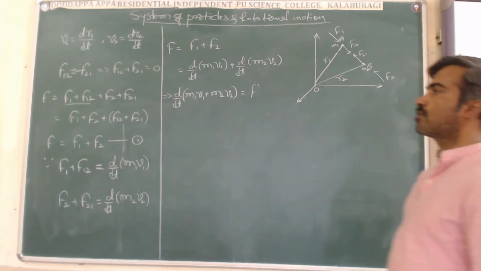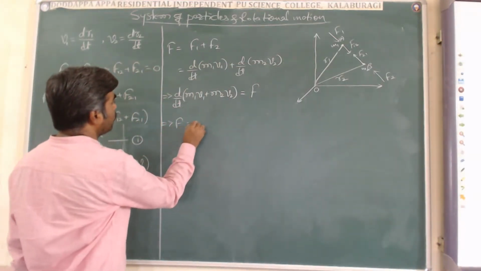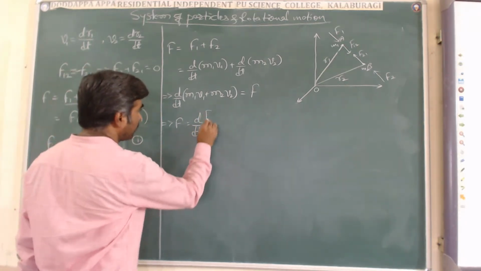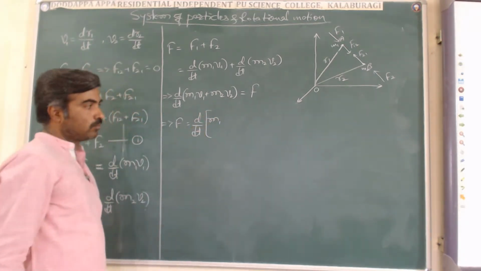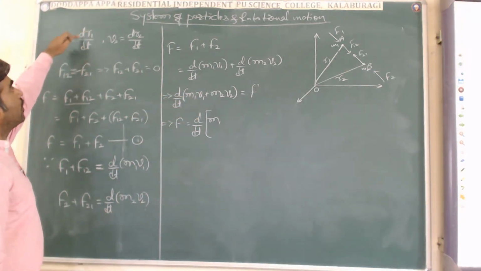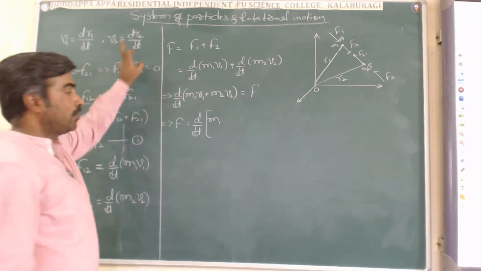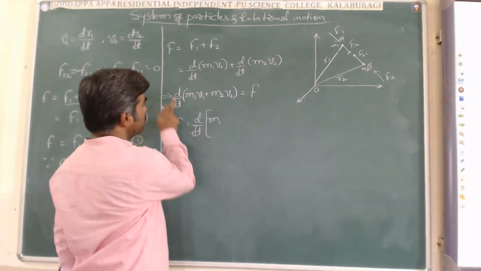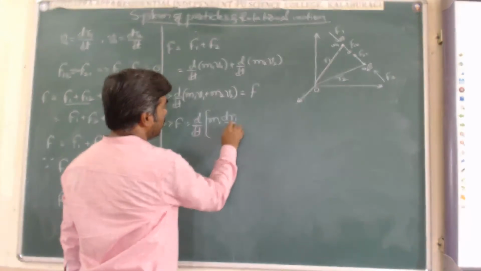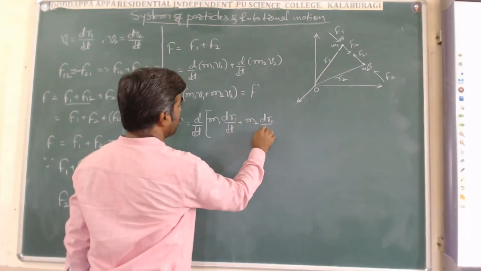Now we slightly modify this. F is equal to d by dt of m1 into dr1 by dt plus m2 into dr2 by dt, since v1 was written earlier as dr1 divided by dt and v2 as dr2 divided by dt.